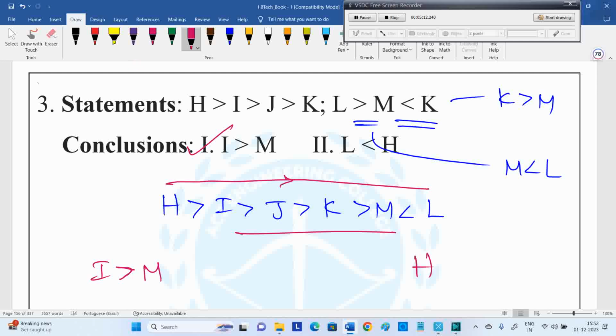No. So there is no definite relation between H and L. No definite relation means it may be H equal to L, H less than L, H greater than L. All three will come. We cannot say here. I am saying definitely I greater than M, but I cannot decide for H and L. H may be less than L, equal to L, greater than L. All those three things will come. That's why a cross mark means no definite relation. Here, what should be your answer? Only one follows.